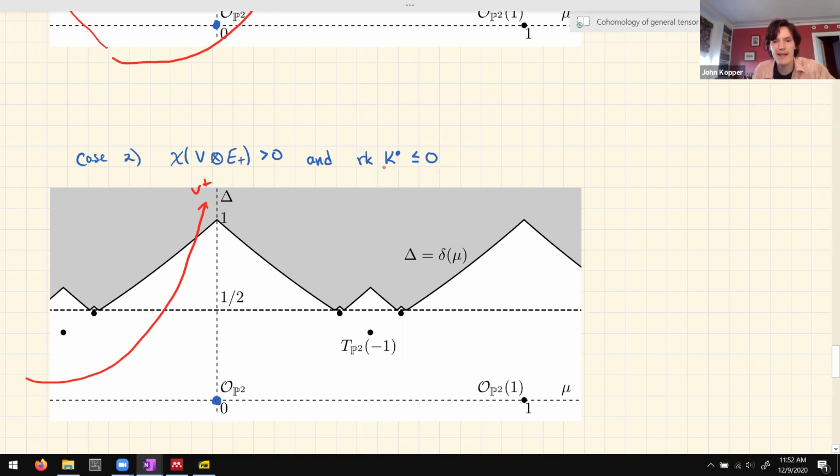And the fact that rank K is negative corresponds precisely to the fact that I'm on the left side of the Drézet-Lepotier curve. And so again, you can see that this fairly opaque condition of having negative rank corresponds to something reasonably intuitive and geometric. Although maybe it's not clear why that's important, you can at least see it on the picture and see what that means very clearly. So that case two, again, this has expected cohomology.